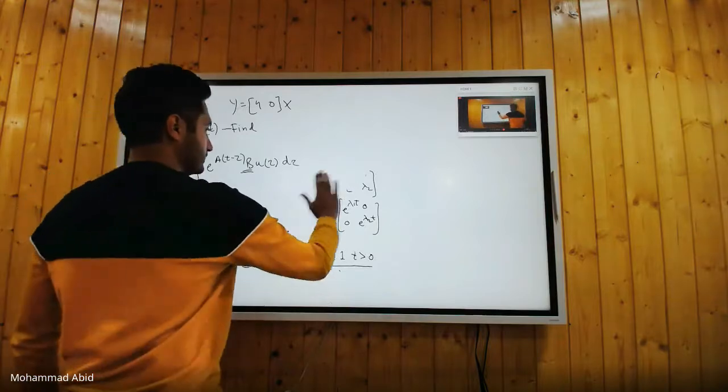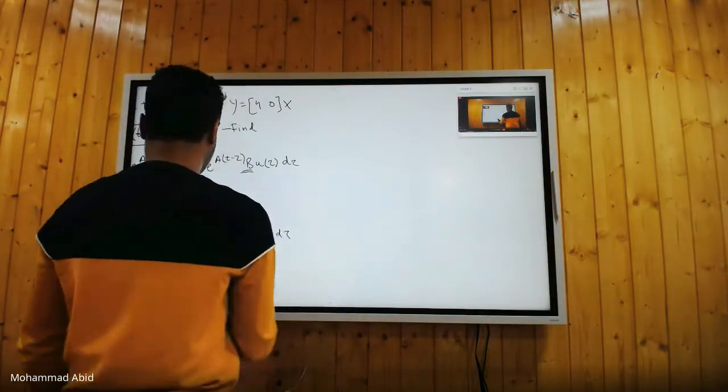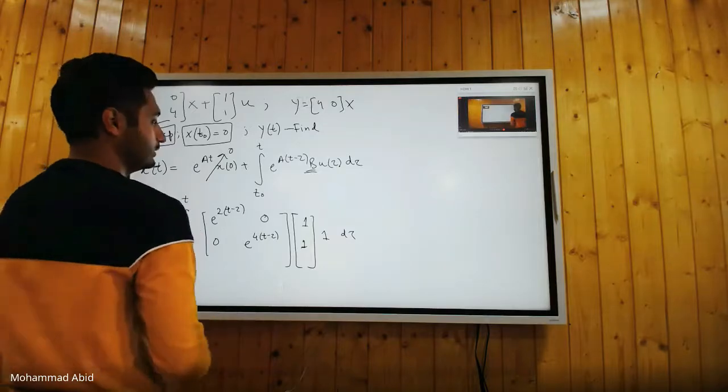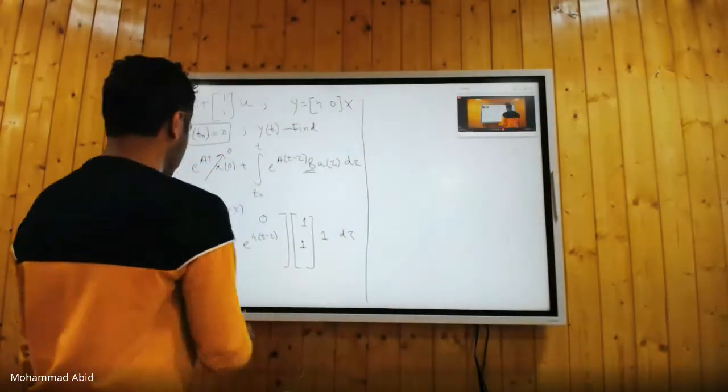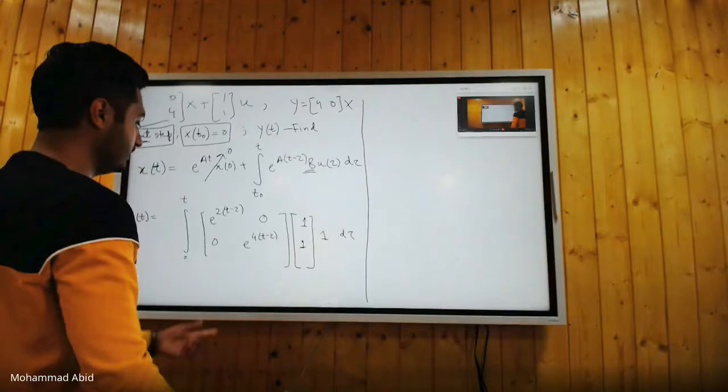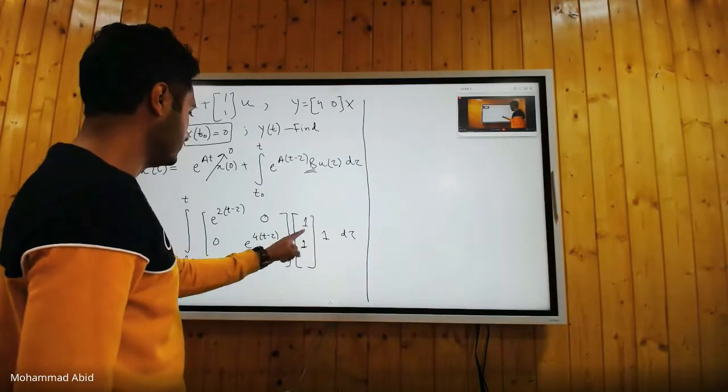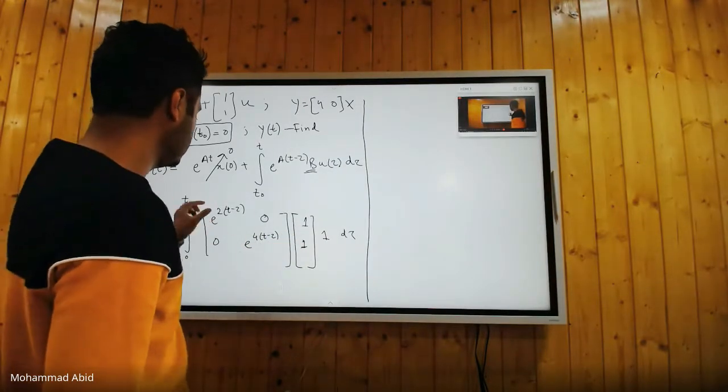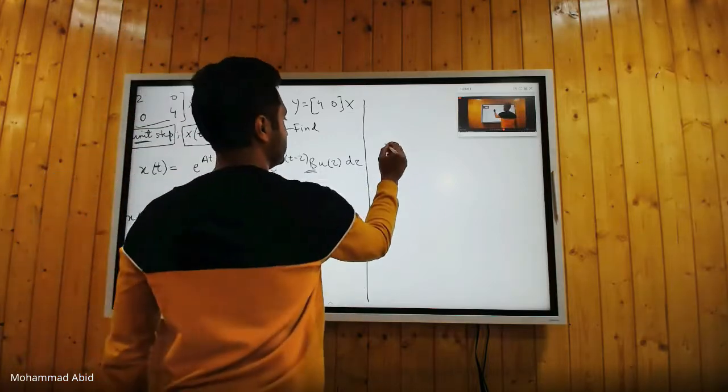Let me just erase this. Let's take it here. This is again a matrix-vector product. You have to multiply by 1 and 1. So this will extract this entry, and this will extract this entry.